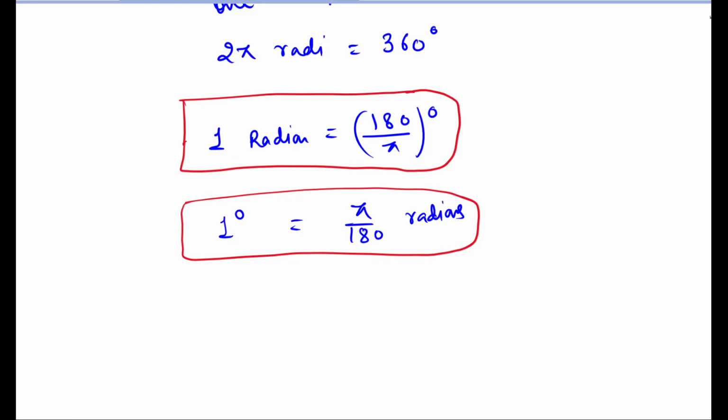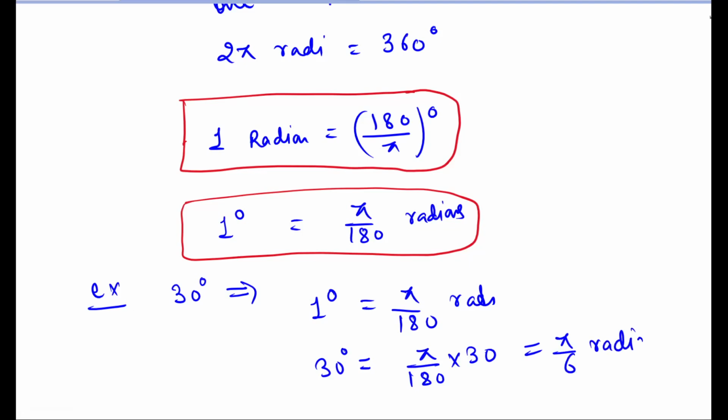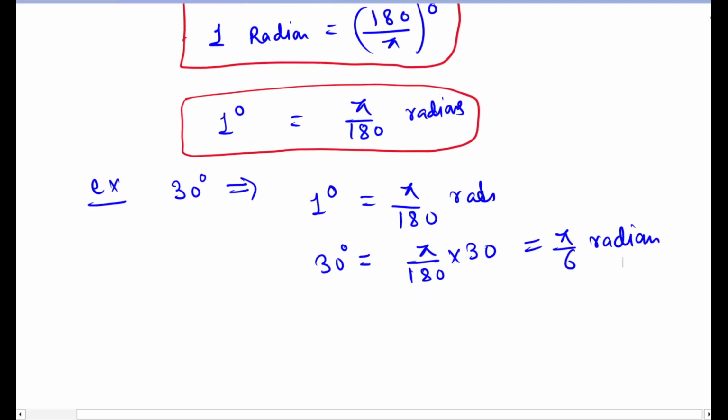For example, we have 30 degrees. We know 1 degree is equal to pi by 180 radians, so 30 degrees will be pi by 180 into 30, which is equal to pi by 6 radians. So 30 degrees is equal to pi by 6 radians.